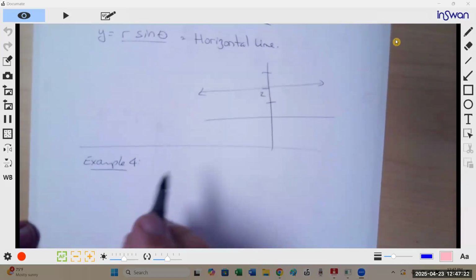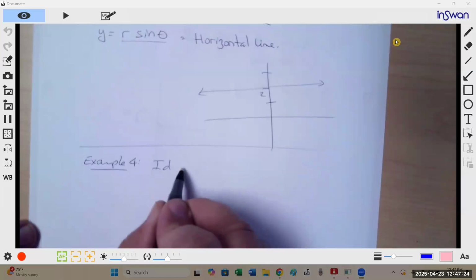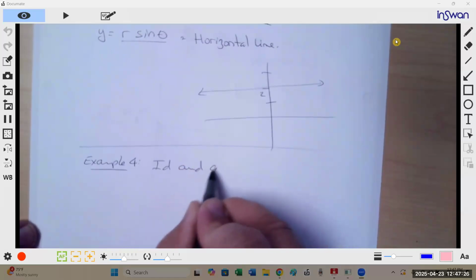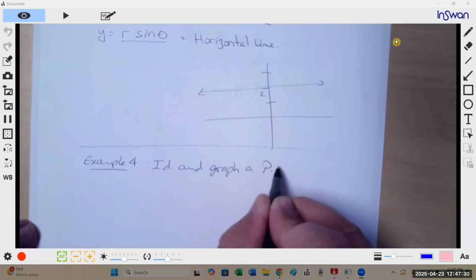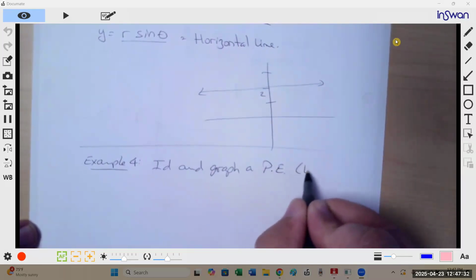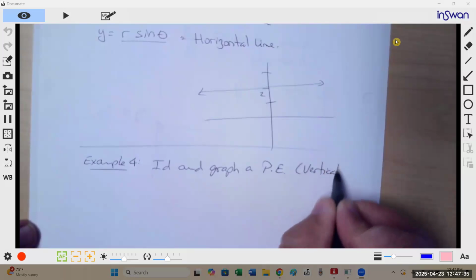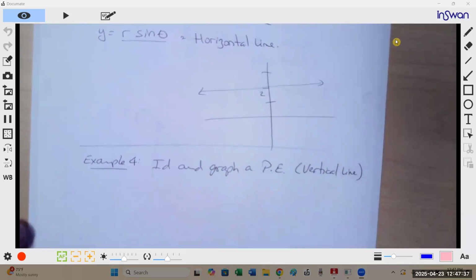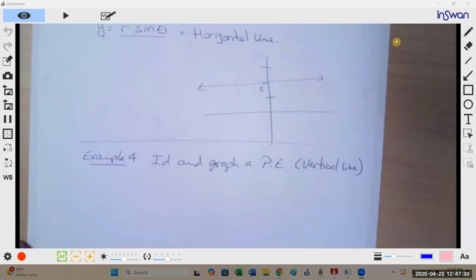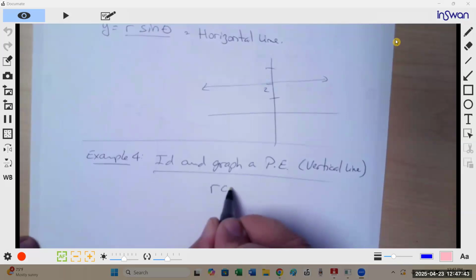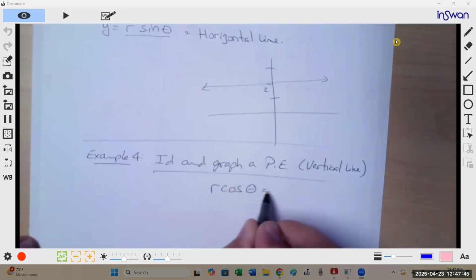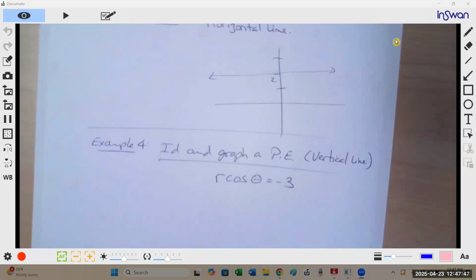Example 4. ID and graph a polar equation as a vertical line. In this example, we're saying r cosine theta is equal to -3.